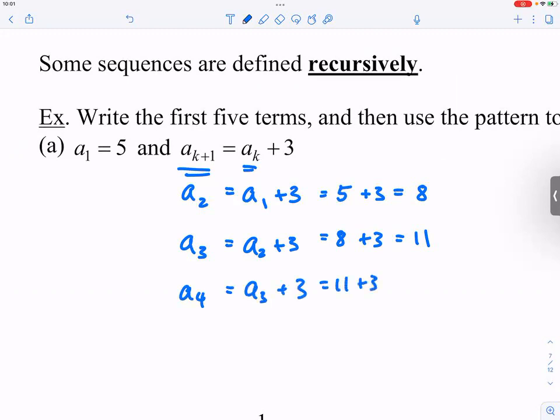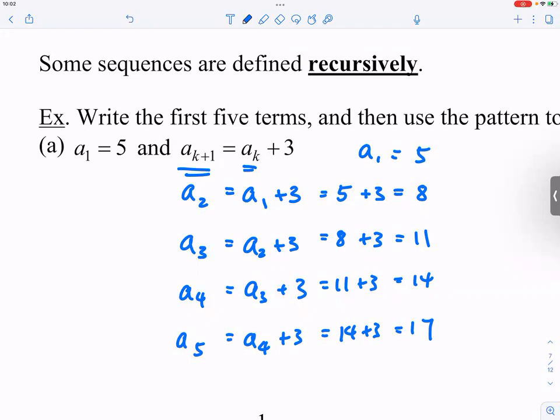So 11 plus 3, which is 14. And then A5 would be A4 plus 3, which is 14 plus 3, which is 17. So now, based on all these numbers here, A1 is 5, so you can see the first 5 terms here.